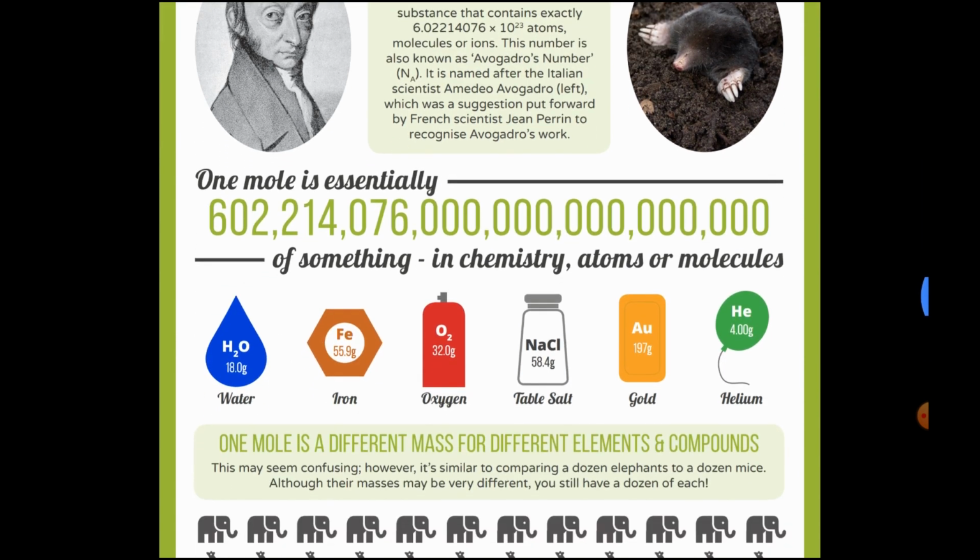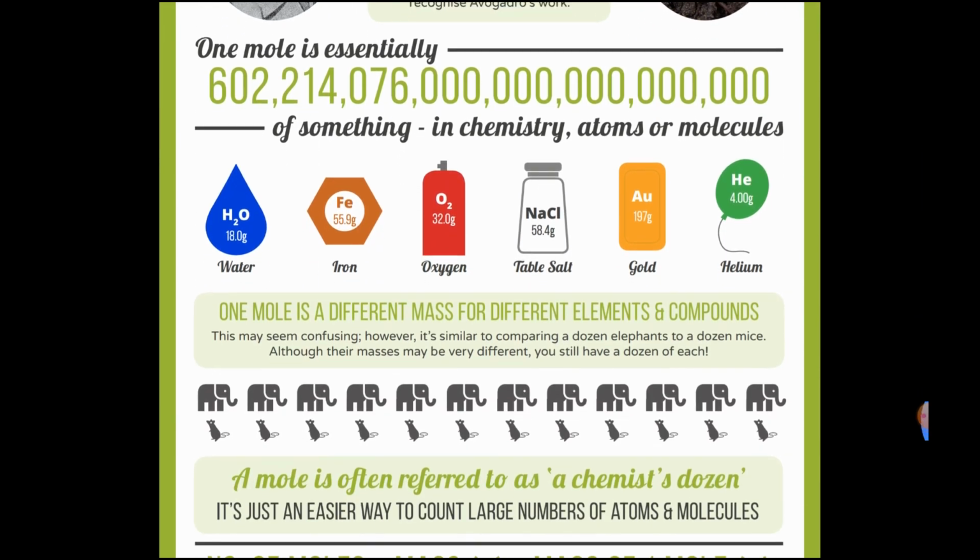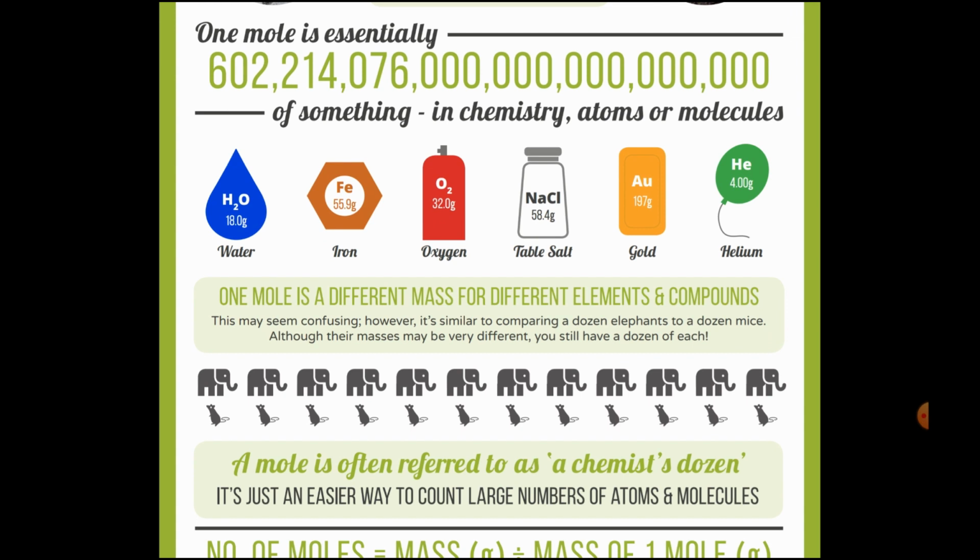Now, if you were to compare this number across different substances, you would see that 1 mole is a different mass for different elements and for different compounds. For example, 1 mole of water is 18.0 grams.